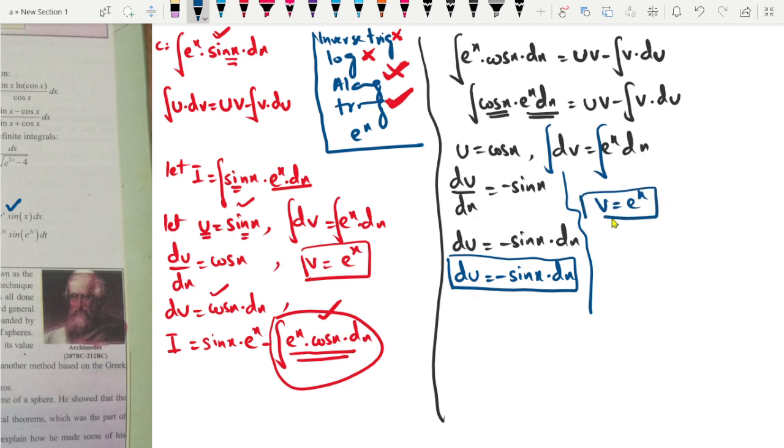So this is the value of v, this is the value of u, and this is the value of du.